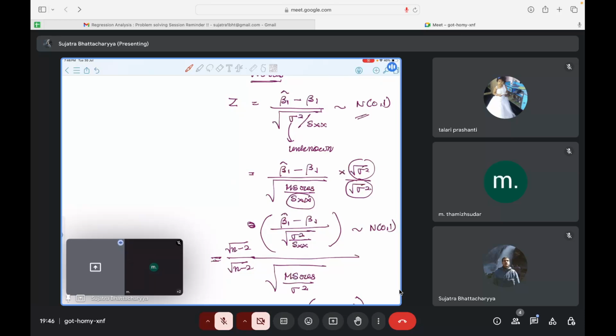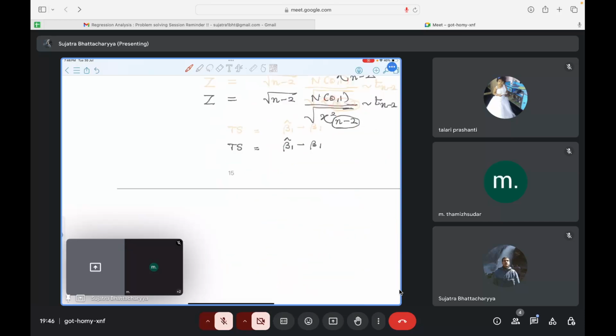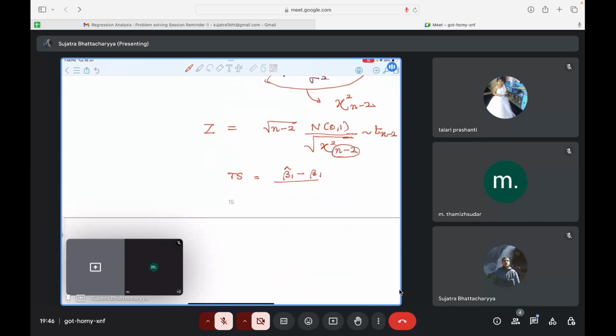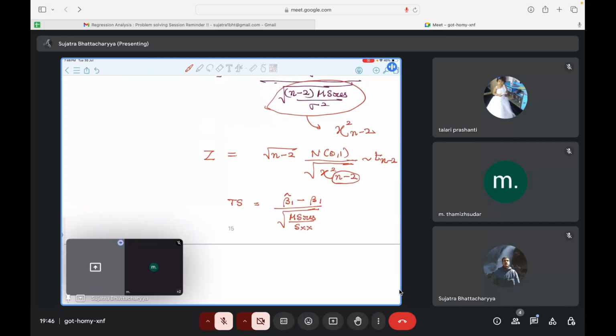Since sigma square is unknown, we are just putting root over MS residual divided by Sxx. This is now my test statistic, because we have done some modification here and proved that this Z is nothing but t with n minus 2 degrees of freedom. So this test statistic is nothing but t n minus 2.